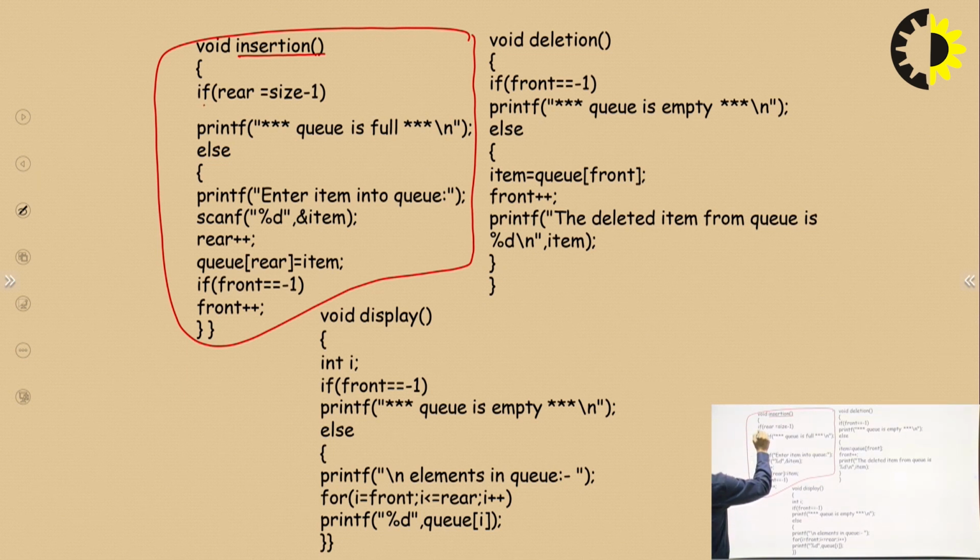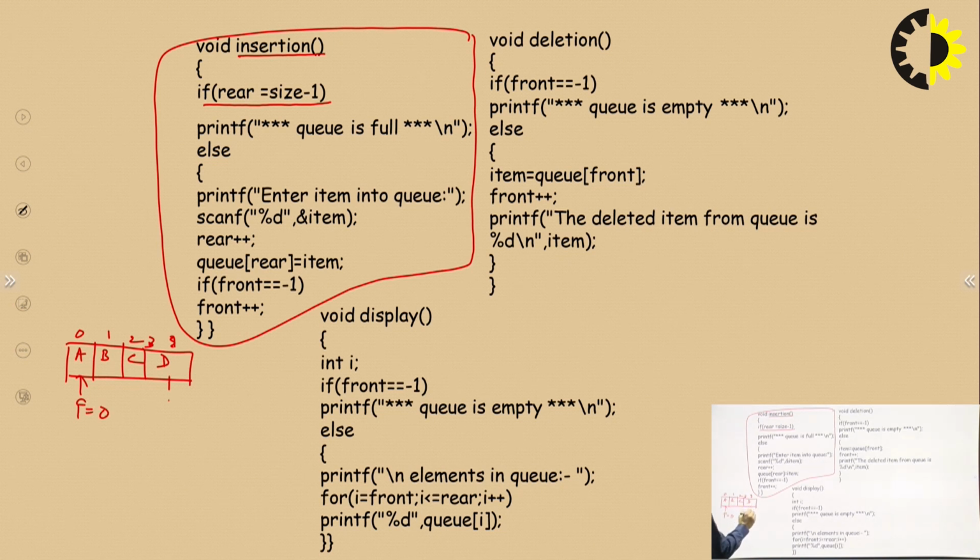If the value of rear equals size minus 1, for example, this is the given queue, and all the positions are occupied. Indexing, we are starting from 0, 1, 2, 3, then the front value will be 0 and the rear value will be 3.